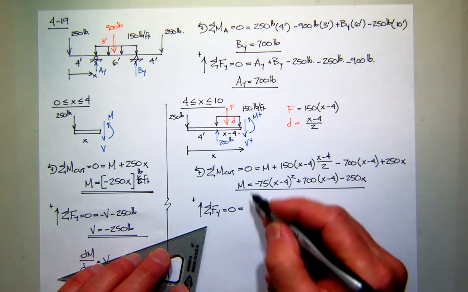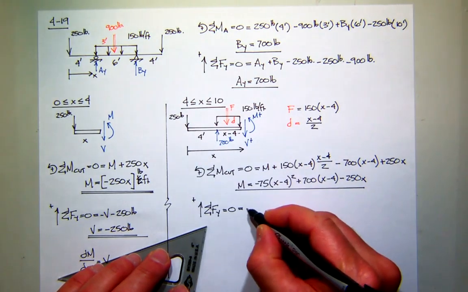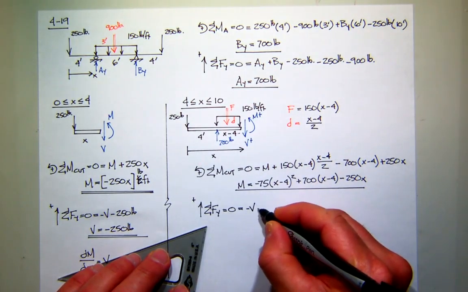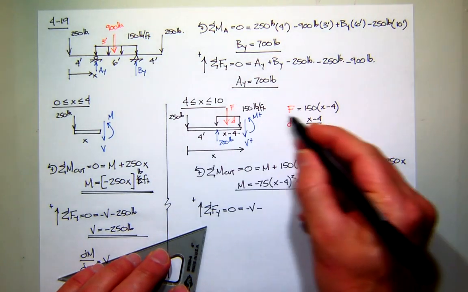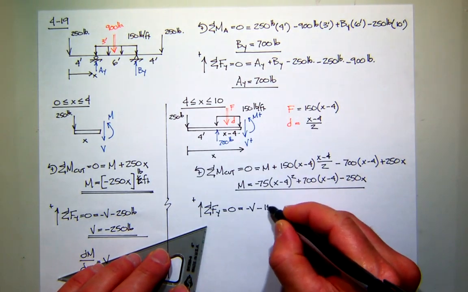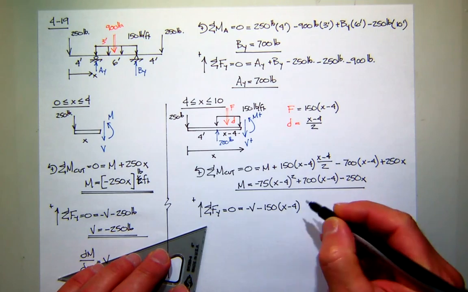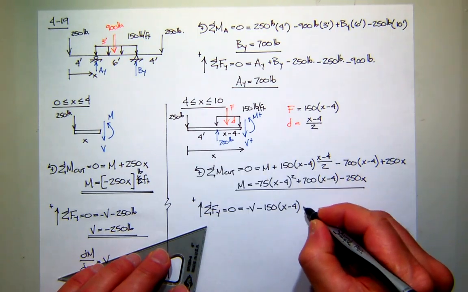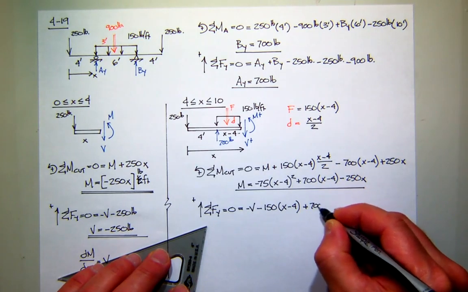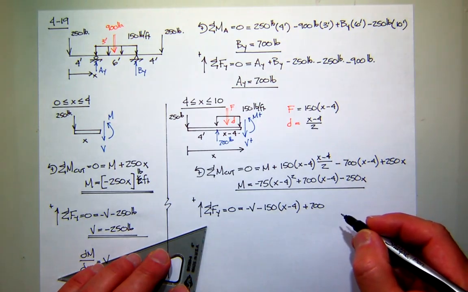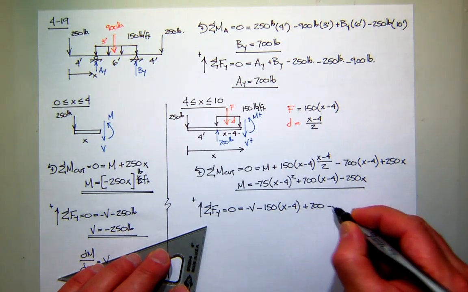So summing my forces in the y direction for shear, I've got the shear acting down. I've got my concentrated force acting down. That's minus 150 (x minus 4). I've got 700 up. And I've got 250 down.